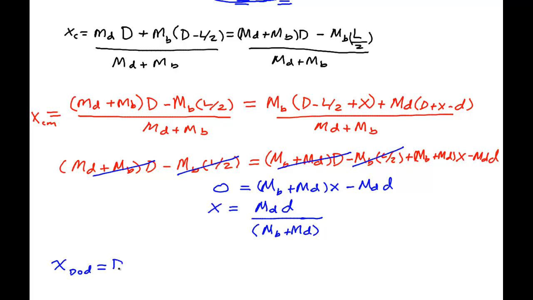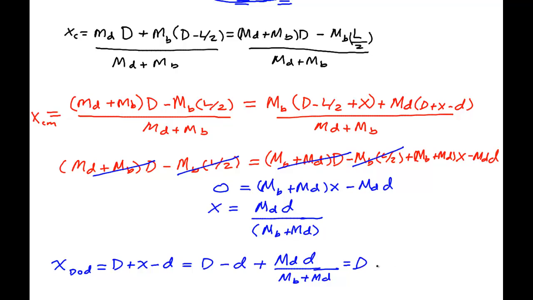So that's D plus x minus d, which is D minus d plus the mass of the dog times d over the mass of the boat plus the mass of the dog. Now because this d is common, I'm going to combine those terms.